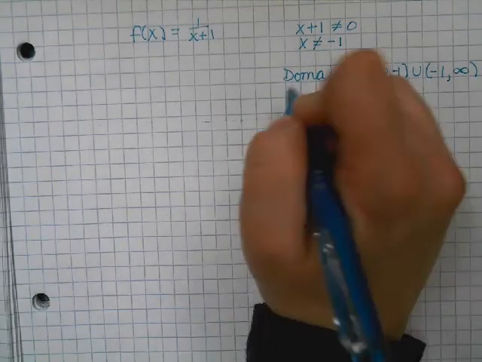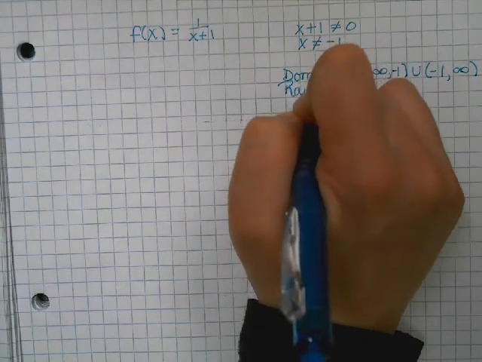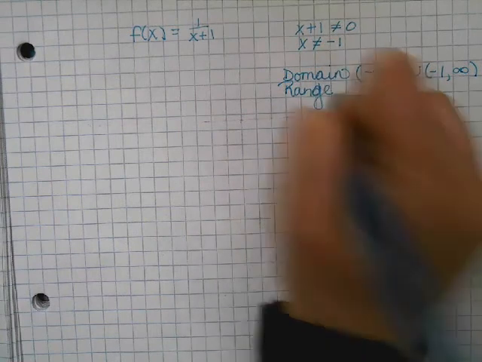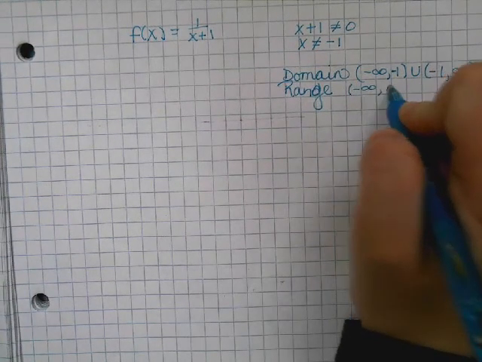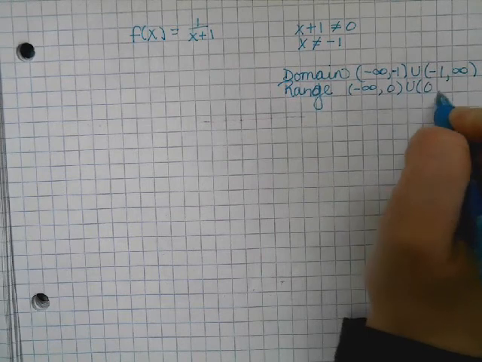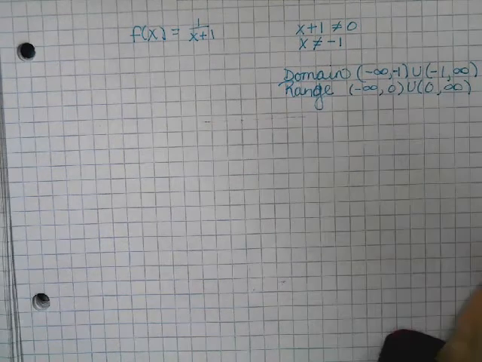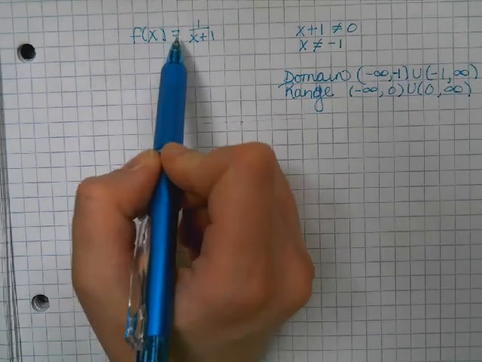Everything except negative 1. Range. The range will still be negative infinity to 0 and 0 to infinity. I still can't get out 0.